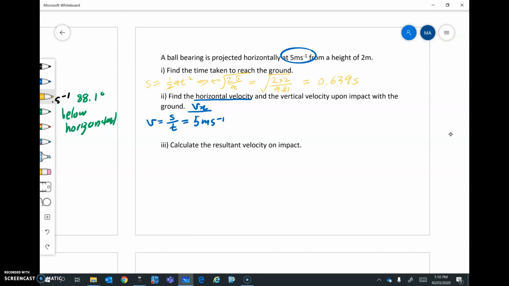Now, we are going to need to do a calculation for the vertical velocity, Vy, and we'll use SUVAT to do this. So we know that it's from a height of 2 meters with an initial velocity of 0. We're trying to find that final velocity. The acceleration is 9.81 meters per second squared, and the time is 0.639 seconds. So I'm just going to use the first law of motion here.